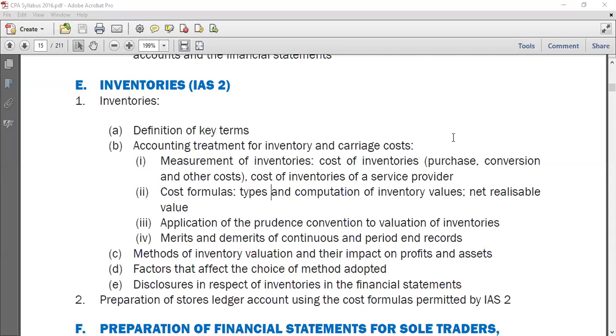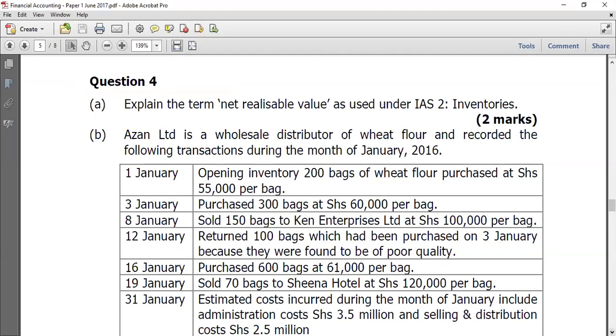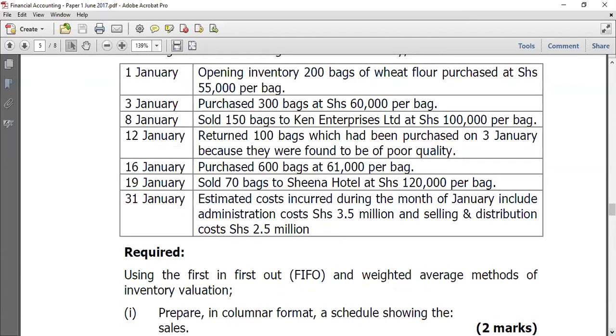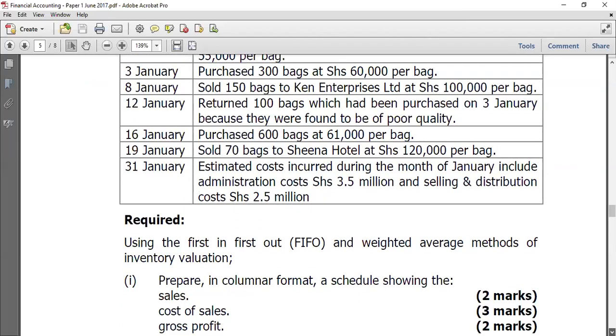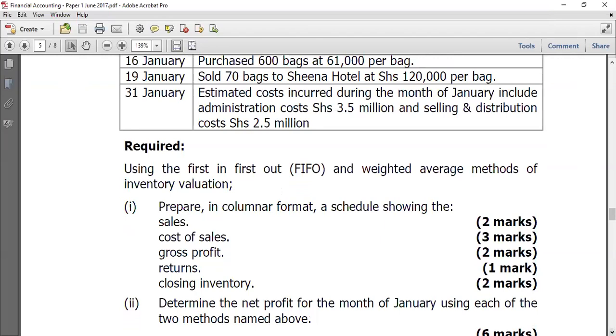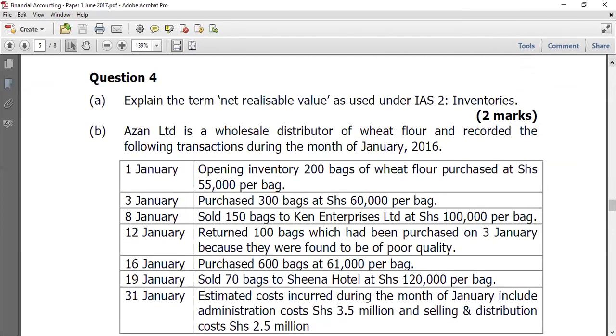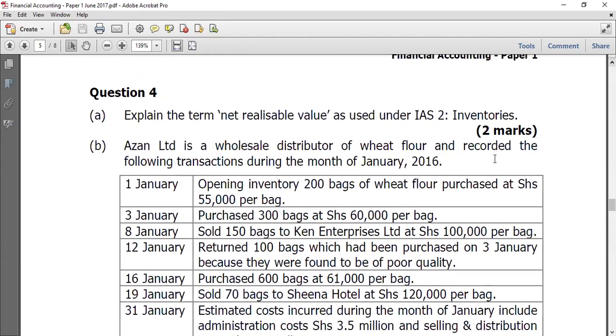Inventory is a very good question to get because once it comes, it doesn't really have a lot of complications in it, and you can get some substantial marks. That is what we are trying to make sure we do.